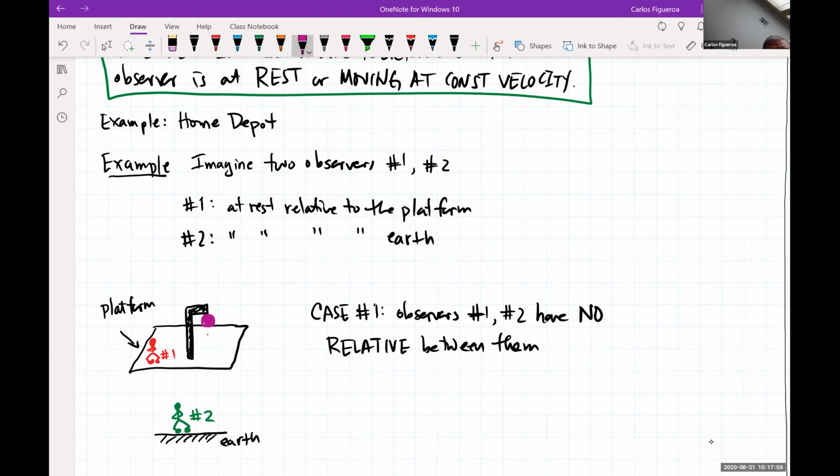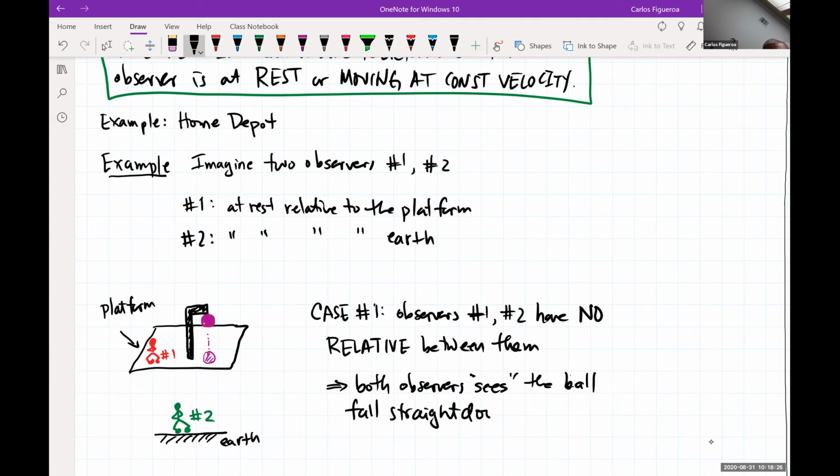Well, the ball's going to fall down and hit the ground directly below it. So we say that both observers see the ball fall straight down. Right? Both observers agree.